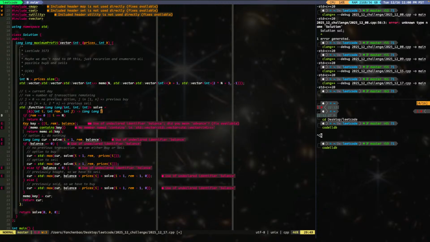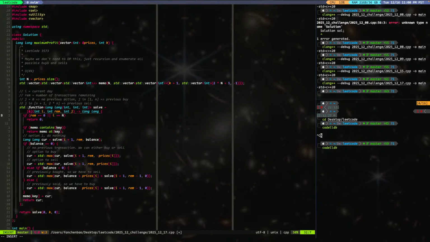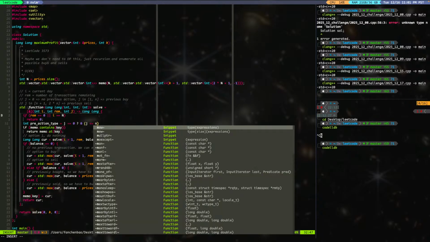And we need to figure out J, so the previous action type. So J is equal to 0, right? J not equal to 0, but it's smaller or equal to n.